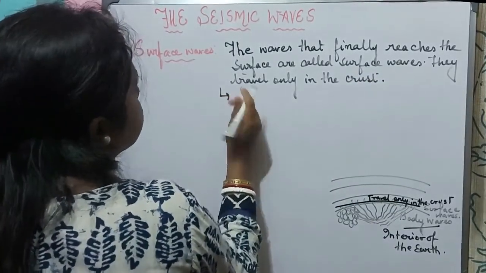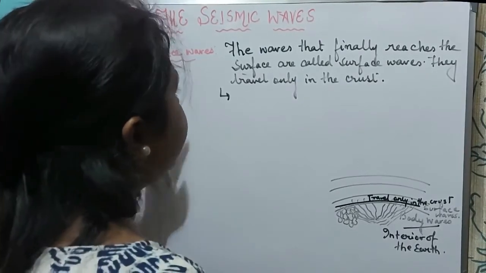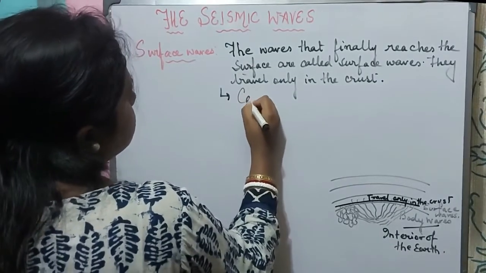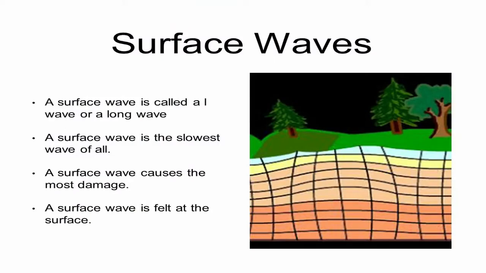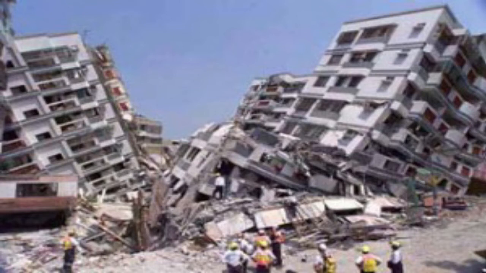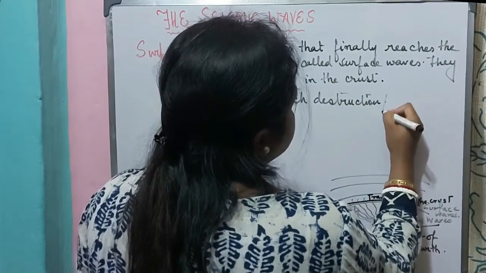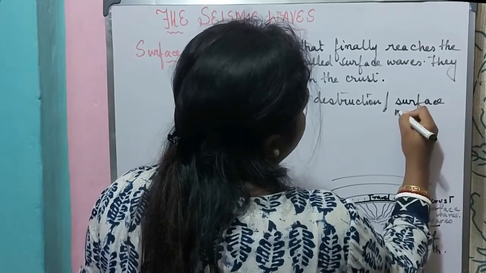Now these waves arrive much later than the body waves. These waves are the waves which cause much destruction that we can see, like collapse of the buildings. So much destruction is caused by the surface waves.